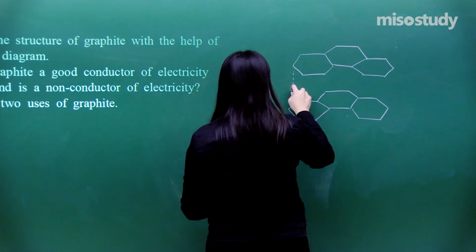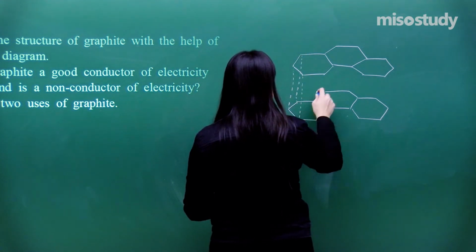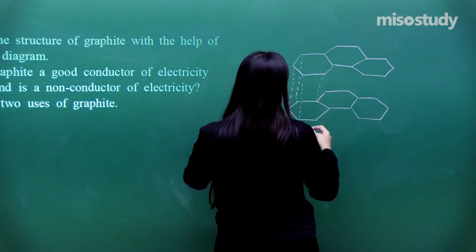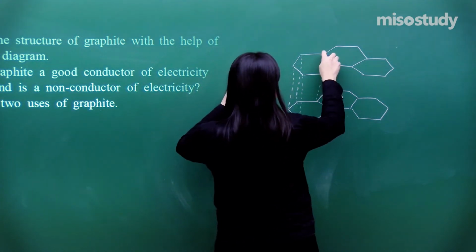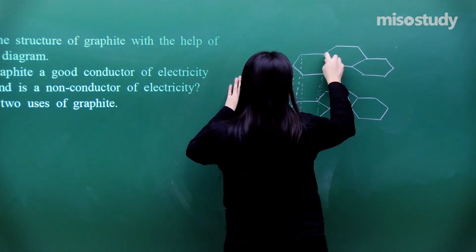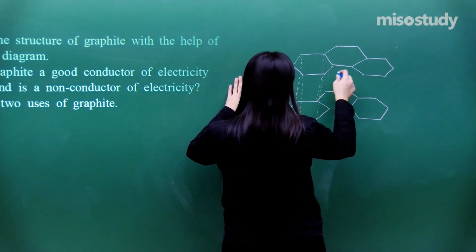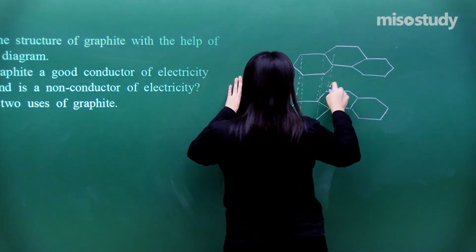And these layers are somewhat attached like this. Each and every corner will be stacked properly, so that is how you need to represent the bonding as well. This is the bonding, so that is how you have to do, something like this.